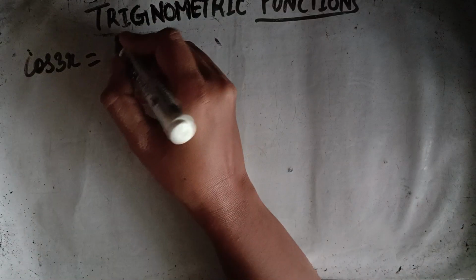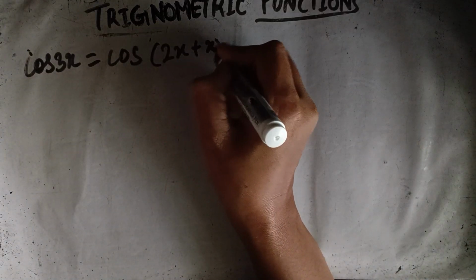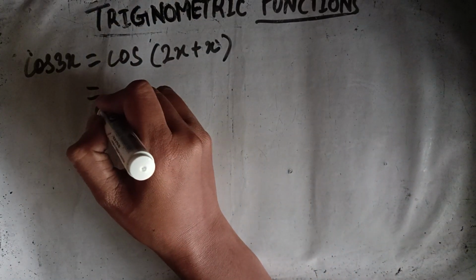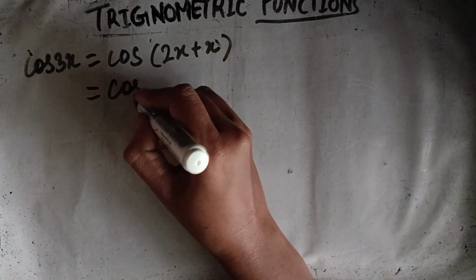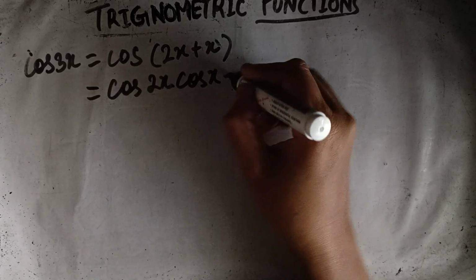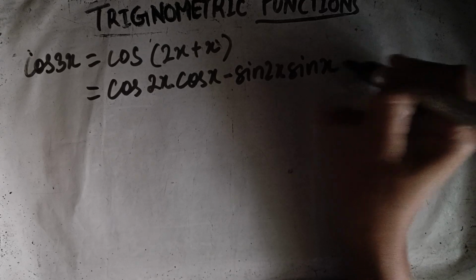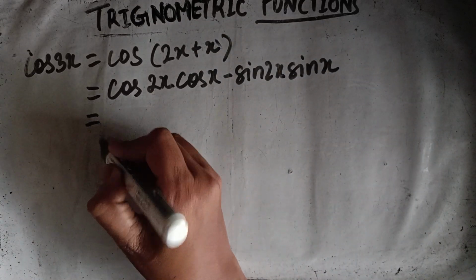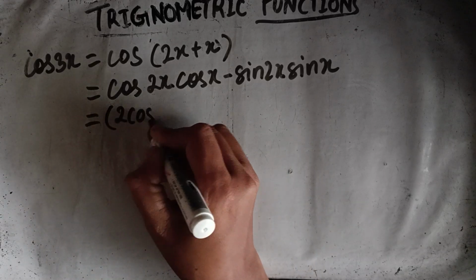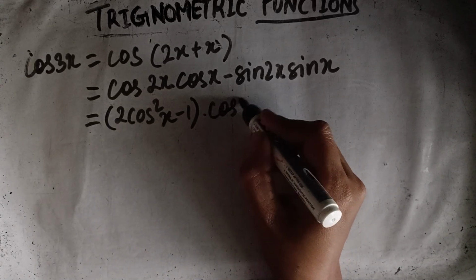Similarly, we have the identity for cos 3x. Okay, start with the same thing, that is cos of 2x plus x. So this is cos 2x cos x minus sin 2x sin x. Okay, so cos 2x you can write in terms of cos, that is 2 cos square x minus 1, into cos x.